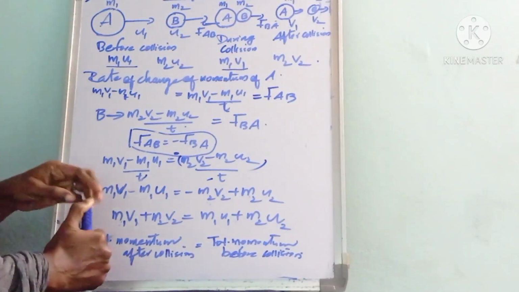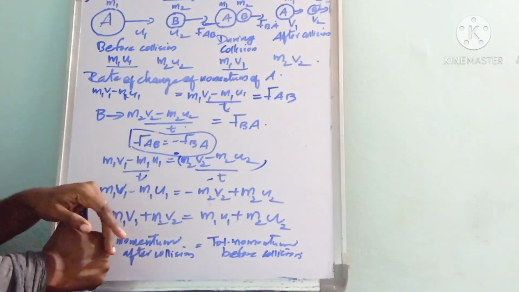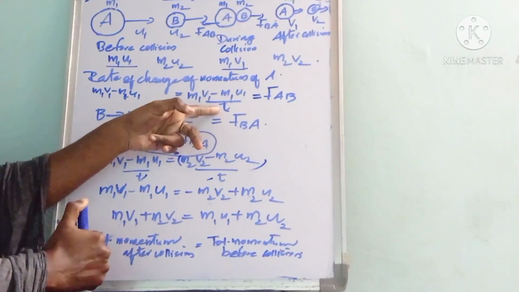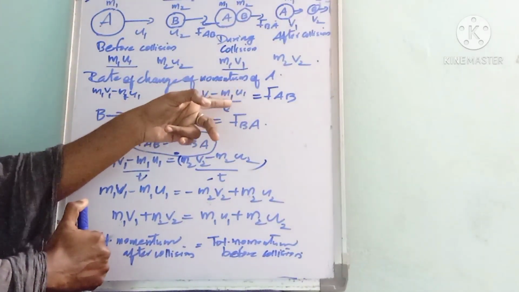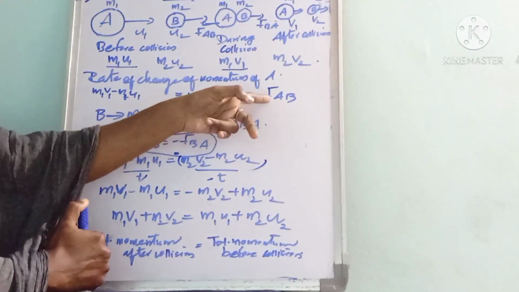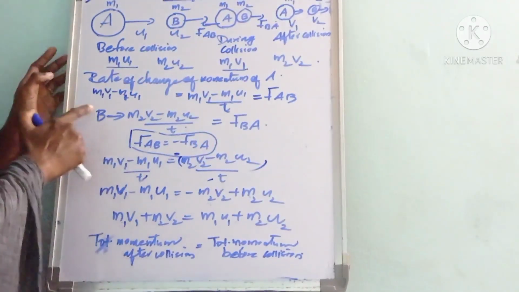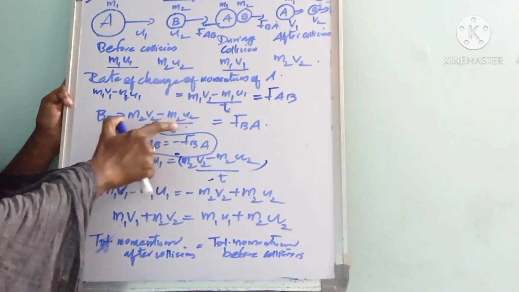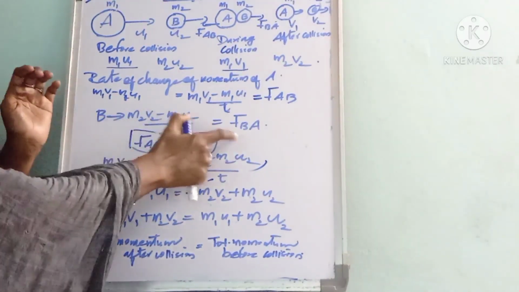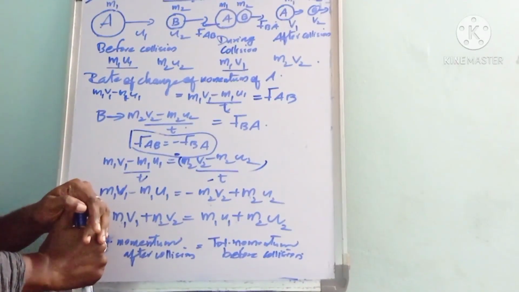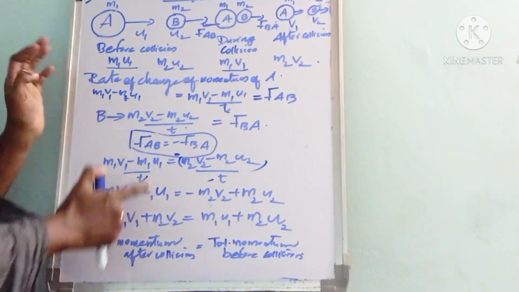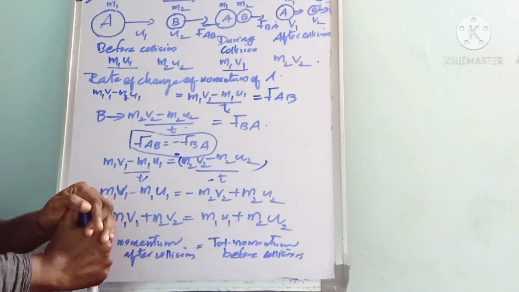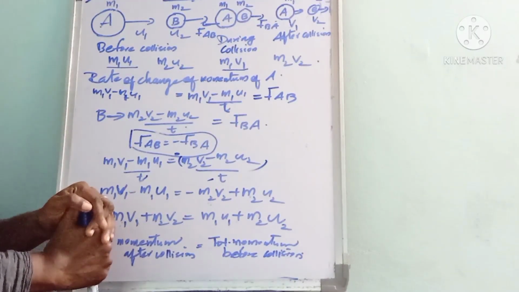Then we can write the rate of change of momentum of object A: (m1v1 minus m1u1) divided by t. By Newton's second law, this rate of change of momentum is equal to the force on object A. Similarly, the rate of change of momentum of object B is (m2v2 minus m2u2) by t, which is equal to the force on object B, FBA. Also, by Newton's third law, FAB is equal to minus FBA. To every action there is an equal and opposite reaction.